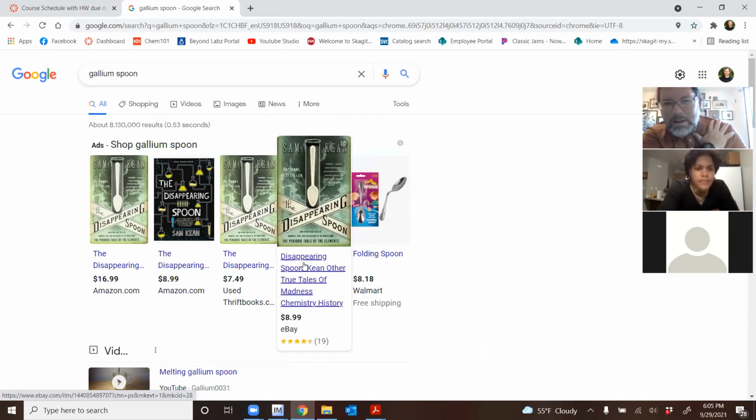So the disappearing spoon is a spoon that is made of gallium. The reason why it's awesome is if you give this spoon to somebody to stir their coffee with, hot coffee is hot enough to melt gallium. So it liquefies and ends up in the bottom of the cup when you go to stir. So you pull the spoon out and it is melted away. All right.